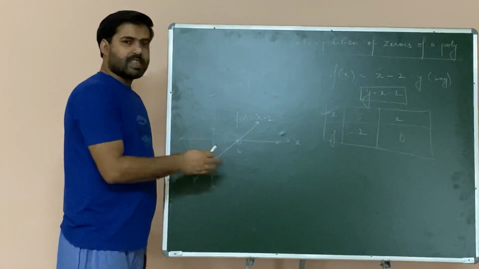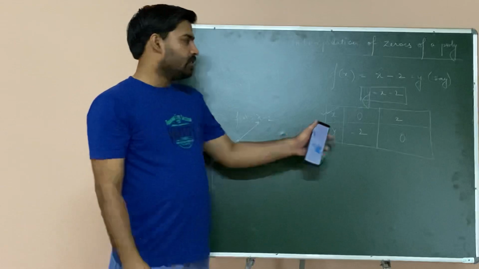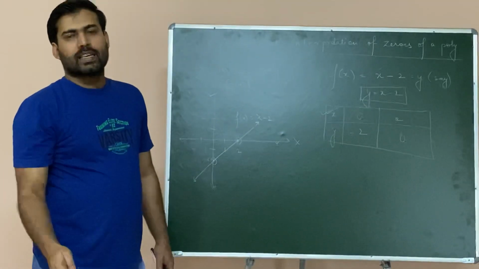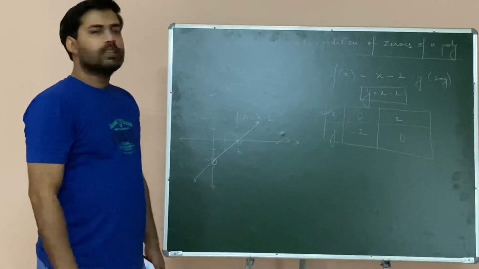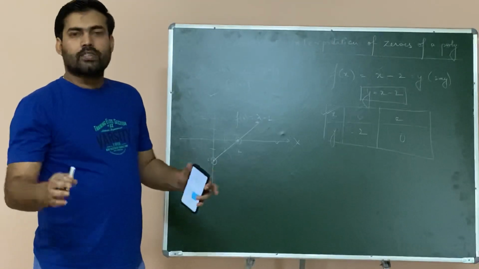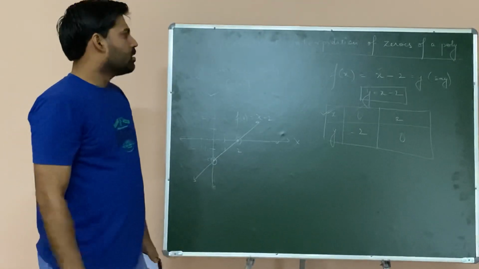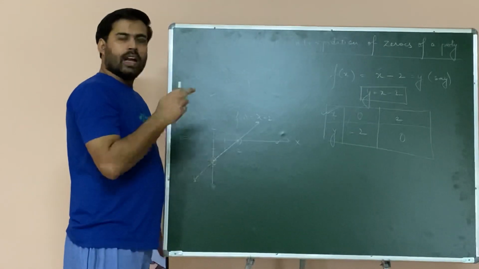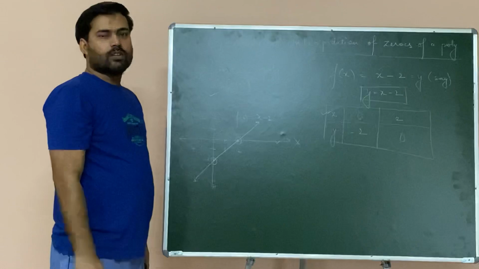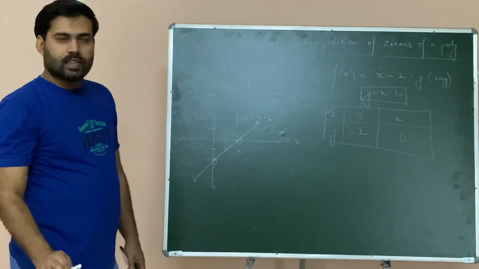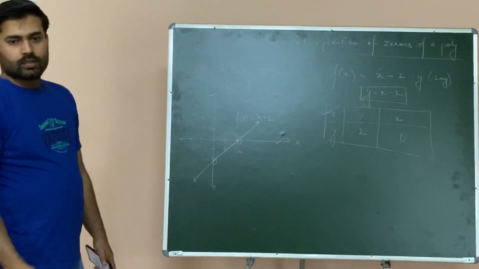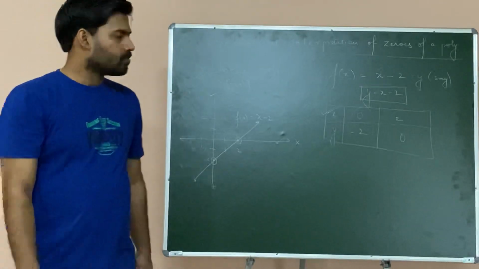Where the straight line passes, for that you need to take out the solution sets and plot the values, and based on that you will get the graph. So the point to be noted here is that a linear polynomial has a straight line kind of graph. Clear? That is the reason why this is known as a linear polynomial. So please note it down.